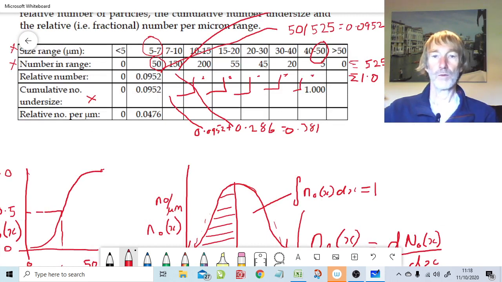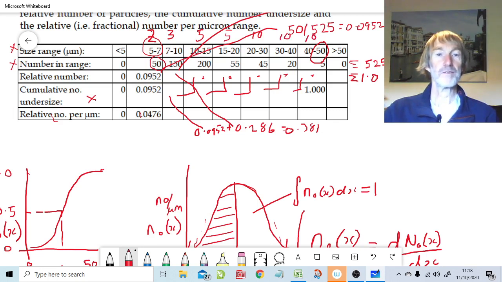Okay, well let's complete the first one here. First thing, we're per micron range. So what's the micron range? Well, just here we're a micron range of 2, here a micron range of 3, here we're a micron range of 5, there's another 5, there's a micron range of 10, another micron range of 10 there, and the last one is also a micron range of 10.